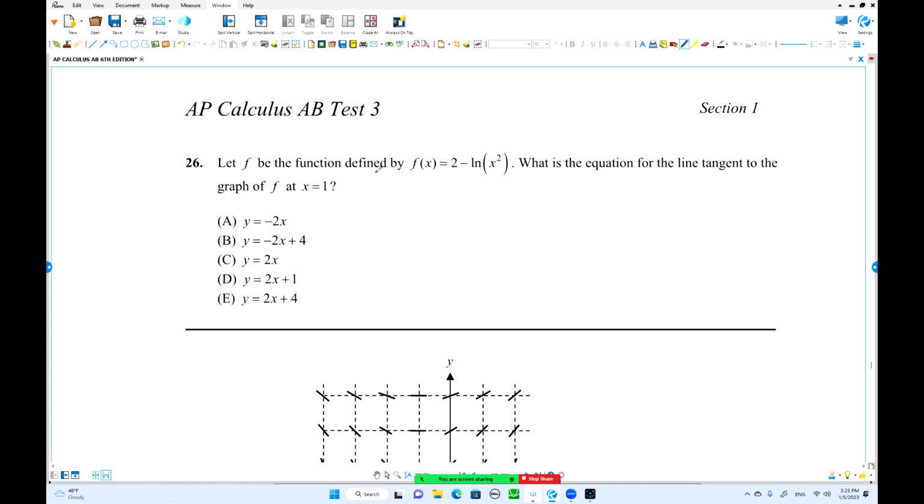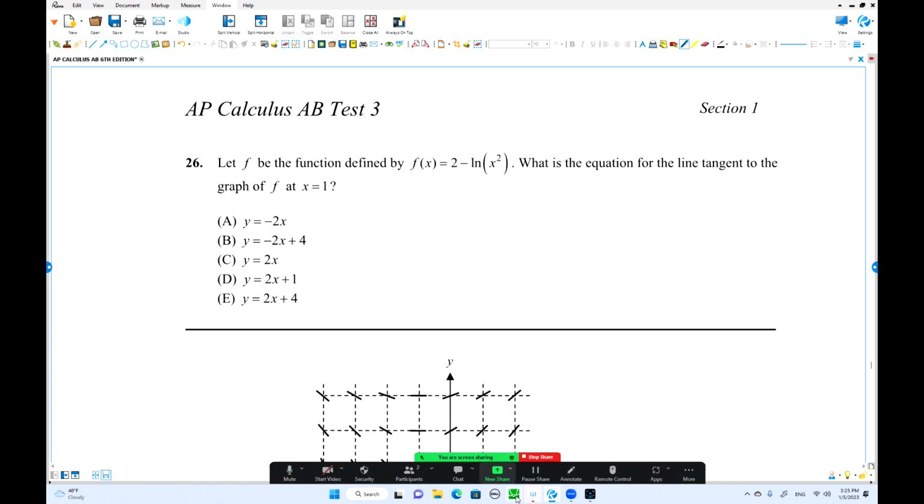F is the function defined there: f of x equals 2 minus ln x squared. What is the equation for the line tangent to the graph of f at x equals 1? Maybe I'll show the graph of this one in case, that is an easier way to understand.